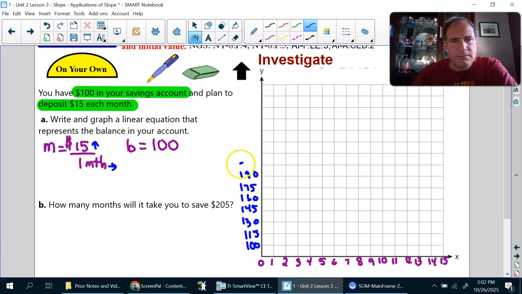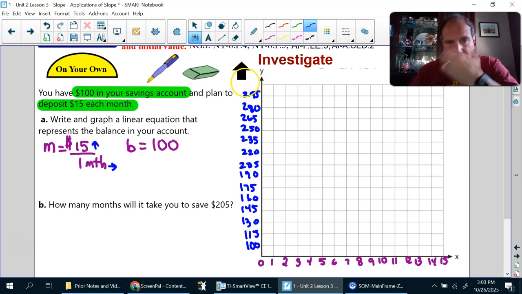190, 205, 220, 235, and you end up with $310.